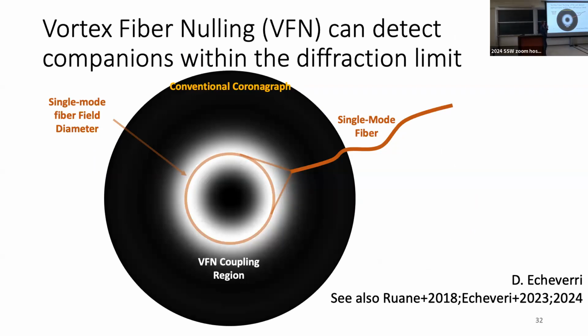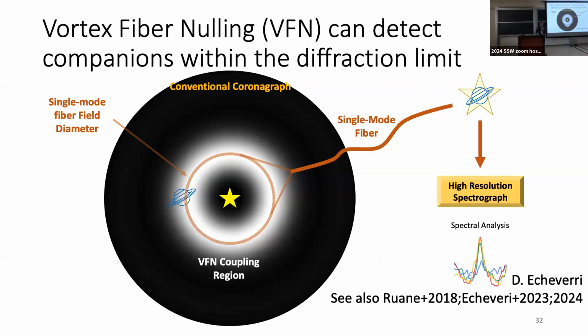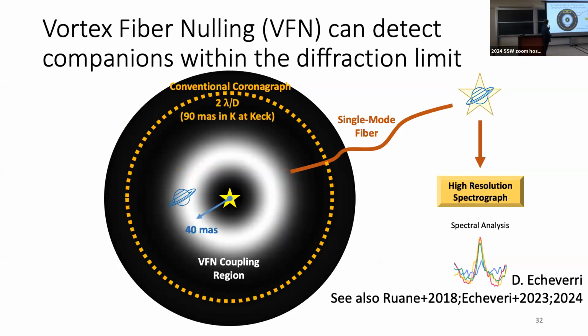At even higher spectral resolution, there are some cool techniques. I'm going to have to go quickly, I'm running out of time. There are ideas, not just ideas, we're demonstrating them now on the telescope, of combining, for example, a vortex coronagraph with a single mode fiber, called vortex fiber nulling.